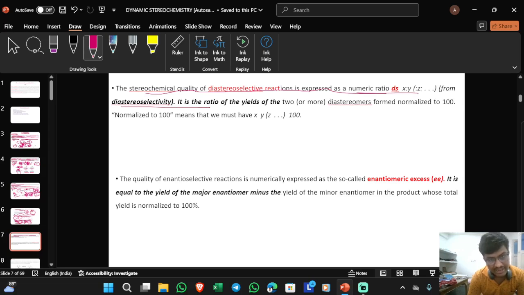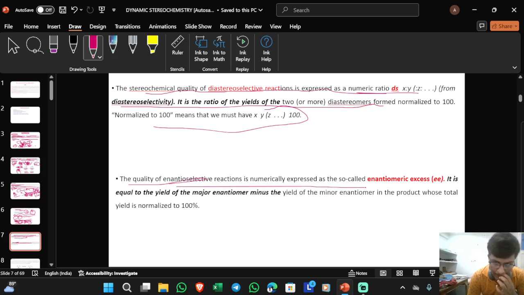It is the variation of the yield of two or more diastereomers from a reaction, so it means X and Y. You read this now, and if you do not understand, next class I will explain it step by step, so comment now.